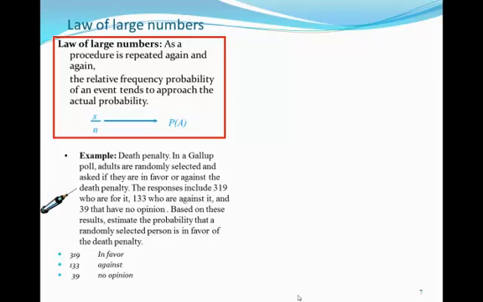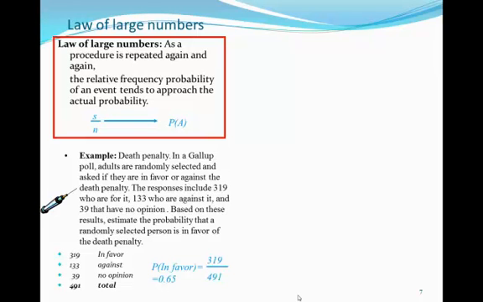Based on these results, estimate the probability that a randomly selected person is in favor of the death penalty. We get 119 in favor, 133 against, and 39 with no opinion. So the total number of people we surveyed is 491.